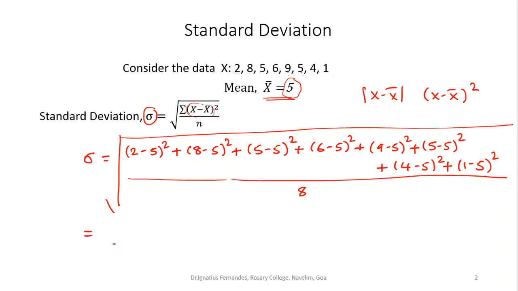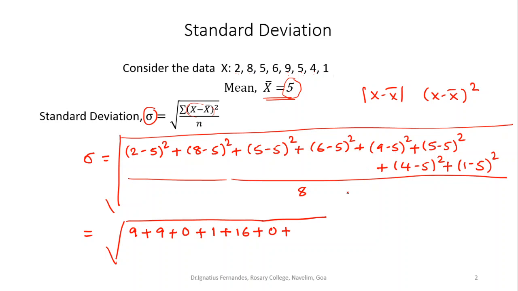So it is the square root of: 2 minus 5 is minus 3, minus 3 squared is 9, plus 8 minus 5 is 3, and 3 squared is again 9, plus 5 minus 5 is 0, squared is 0, plus 6 minus 5 is 1, squared is 1, plus 9 minus 5 is 4, 4 squared is 16, plus 5 minus 5 is 0 again, plus 4 minus 5 is minus 1, squared is 1, plus 1 minus 5 is minus 4, the square of that is 16.